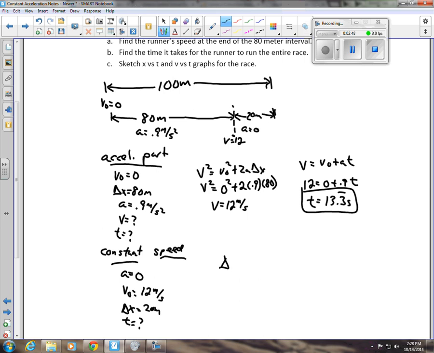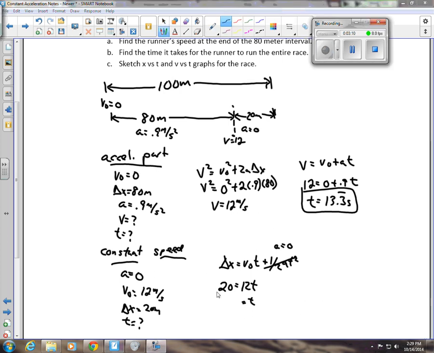So now I'll use this equation. This simplifies a lot because the acceleration is 0. I don't have to worry about this part. And I just get delta x is 20 equals 12 times t. When I do that, I'll get a time of 1.6 repeating for the second part.